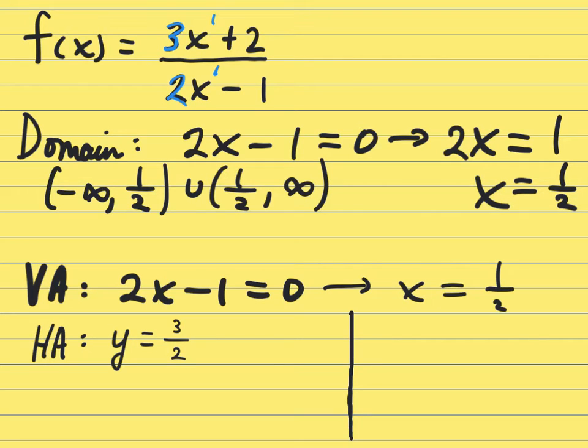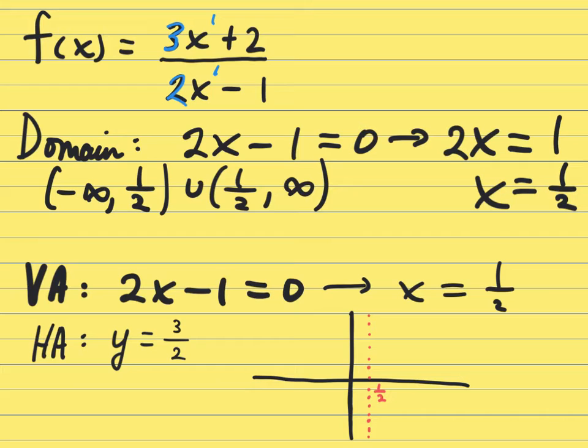When we graph, we are going to put a vertical boundary up at x equals 1/2. A vertical asymptote is like a vertical force field that your graph can't pass through.